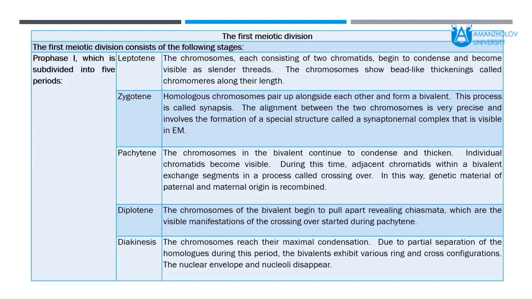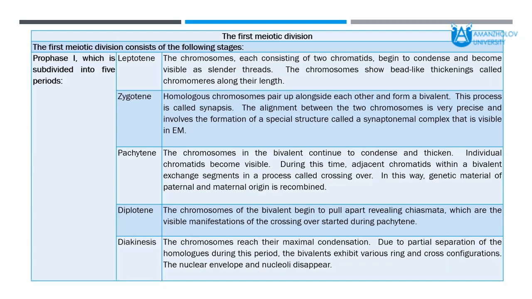The alignment between the 2 chromosomes is very precise and involves the formation of a special structure called a synaptonemal complex that is visible in EM. In pachytene, the chromosomes in the bivalent continue to condense and thicken. Individual chromatids become visible.